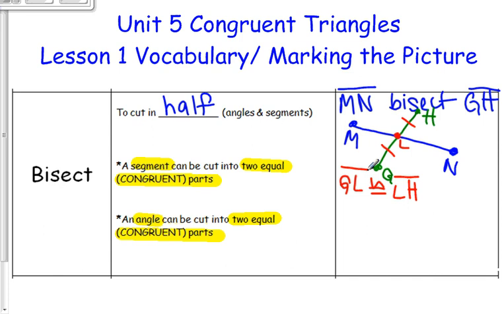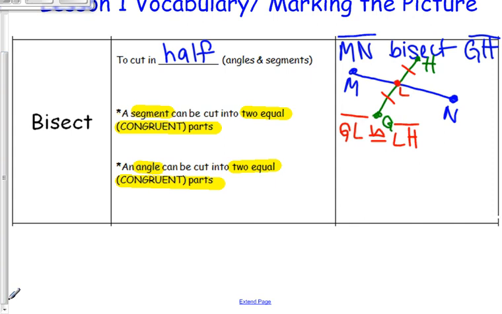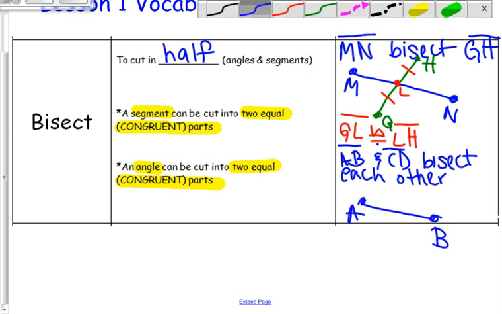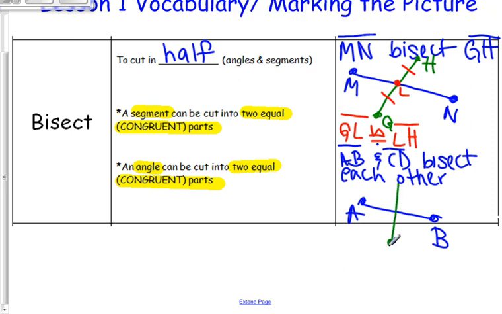We could also have things bisecting each other. And if they bisect each other, let's do AB and CD bisect each other. Okay. Here's A and B. C and D. Okay.